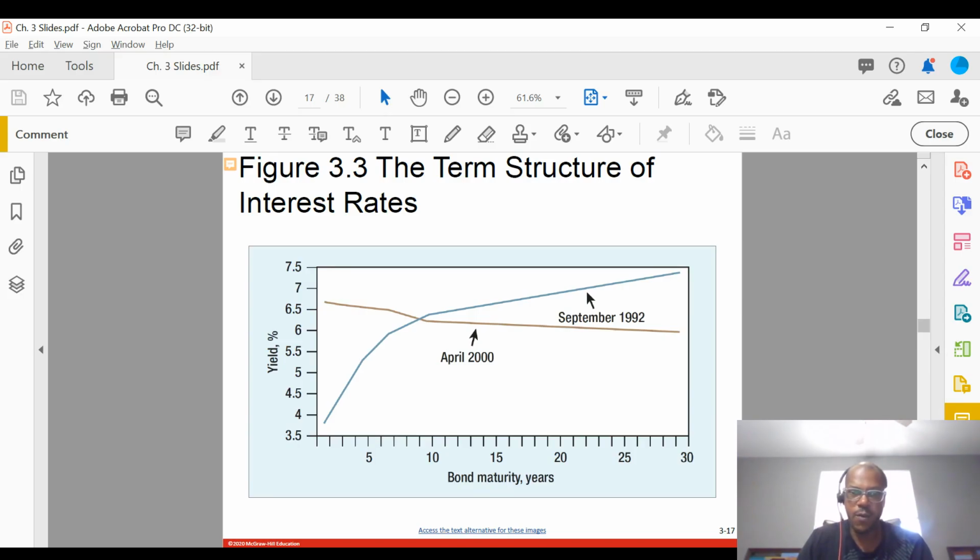What it's saying is that short-term rates are for whatever reason higher than longer-term rates. And if we're looking at August 2000, what is this saying? It's saying that we expect the interest rates to come down over the next few years, and that long-term rates are expected to be around 6%, a little above 6%.